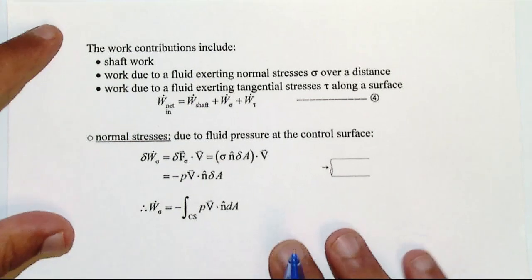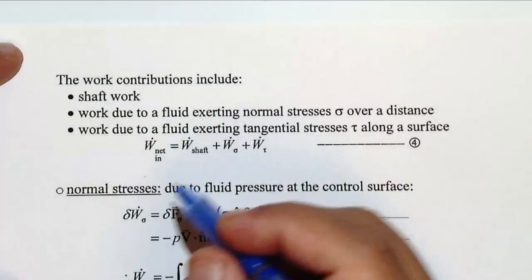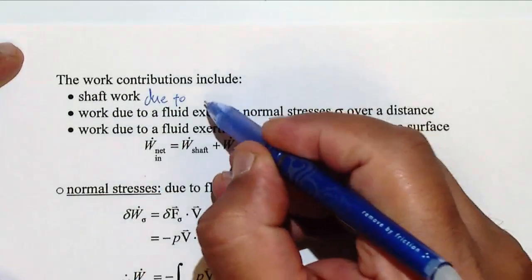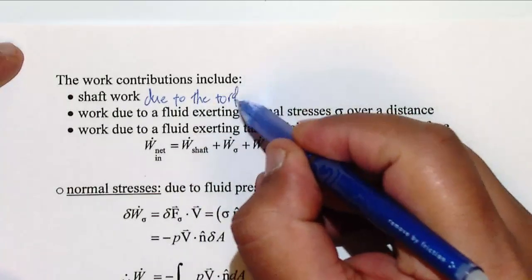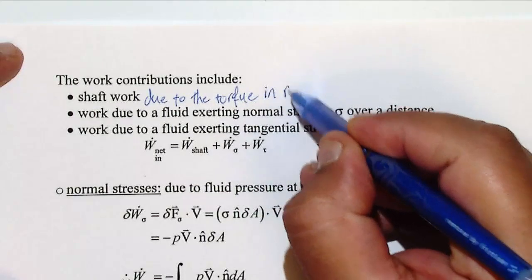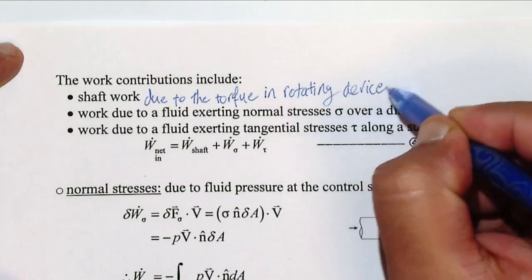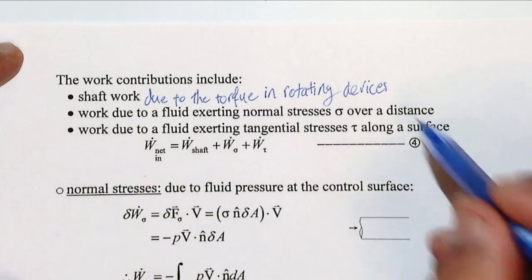Shaft work means the work due to the torque, and it happens in most rotating devices, such as a fan, or engines that have a shaft.